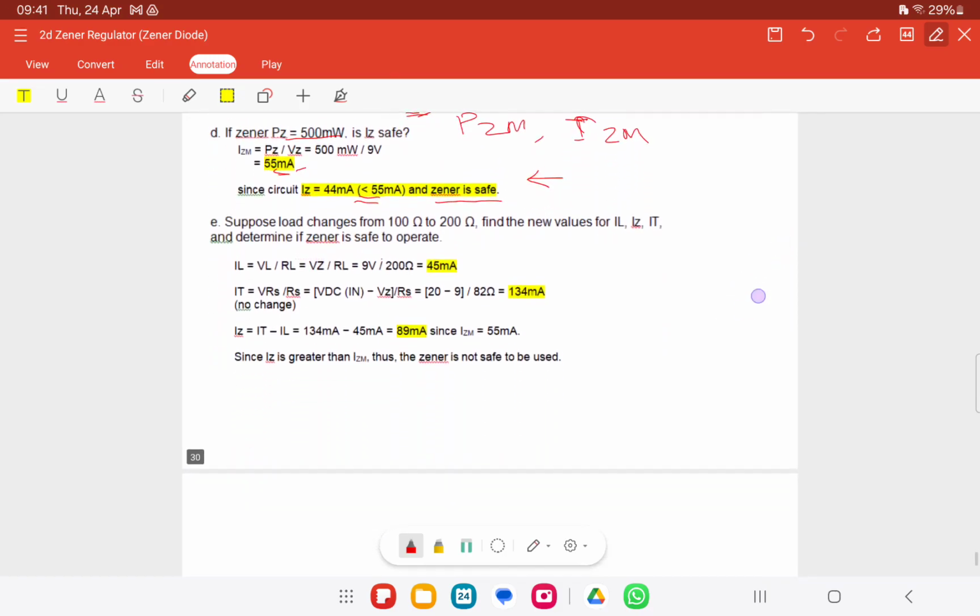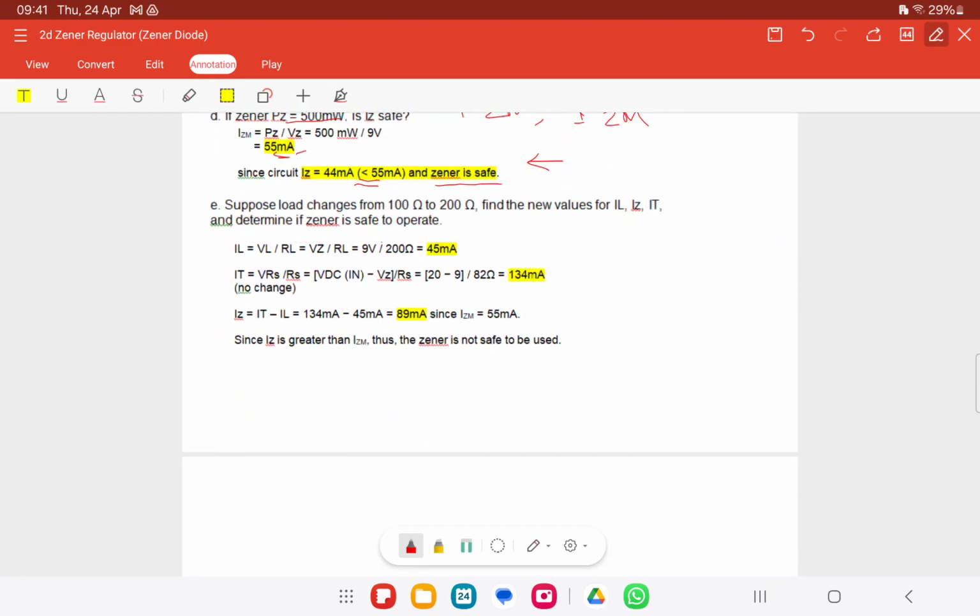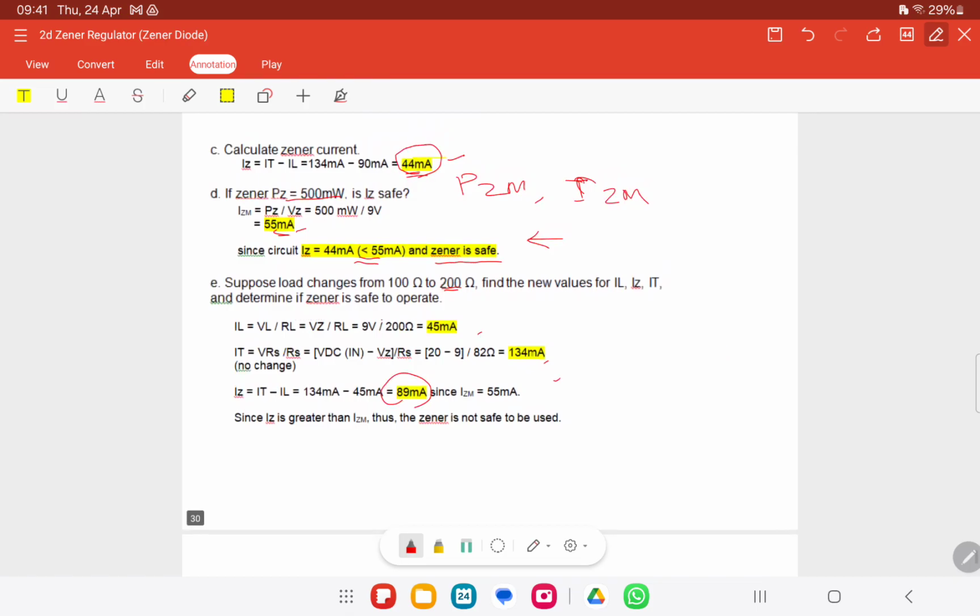Okay, and then contohnya kalau kita nak tukar the conditions, the question might change the value of the supply ataupun dia change the value of the resistor value. Okay, and then you repeat the process again, kira dapatlah the IZ. Once you dapat the new IZ, the IZM, if it is maintain the same value, and then you can compare. 89 is more than 55.